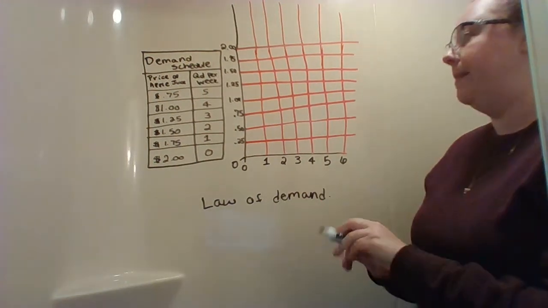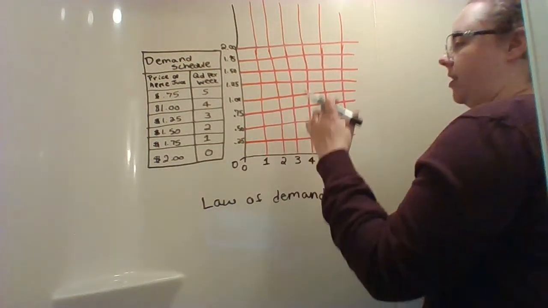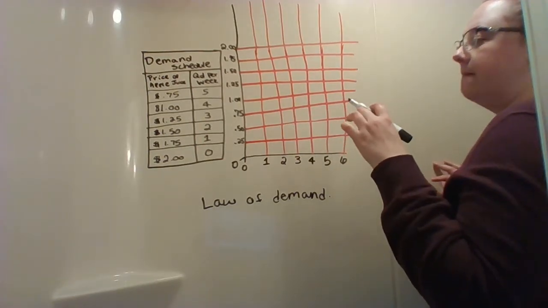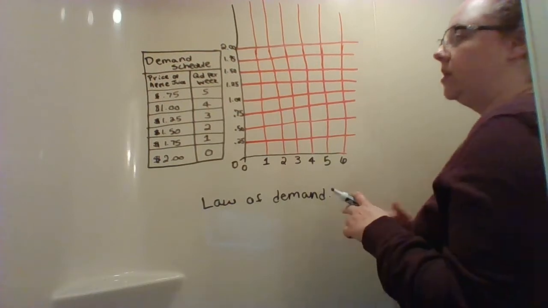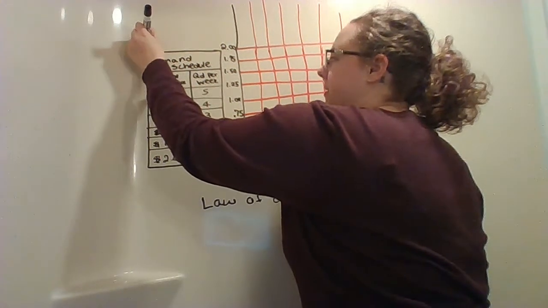Online, the graphic already has the chart filled in and everything. I wanted to do the graphing with you guys to show you exactly how this gets graphed. So the demand schedule. Let's say this is Bob's demand schedule.